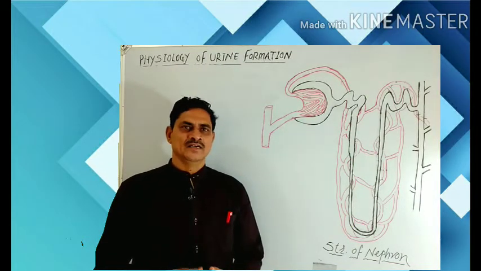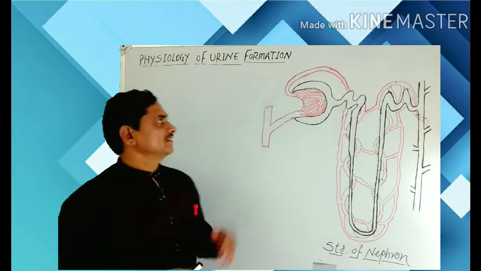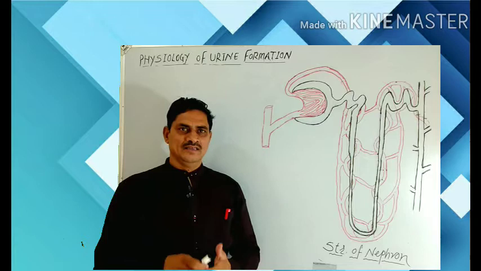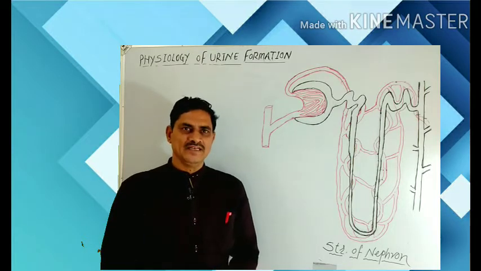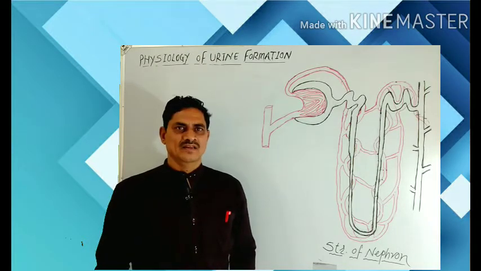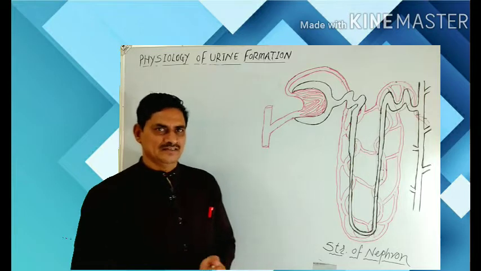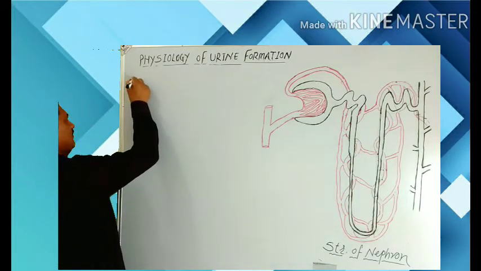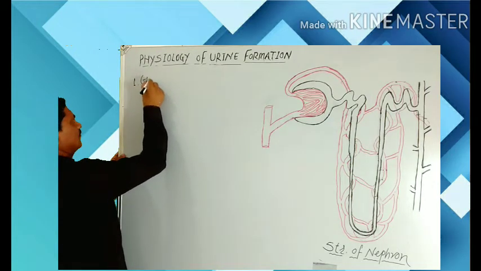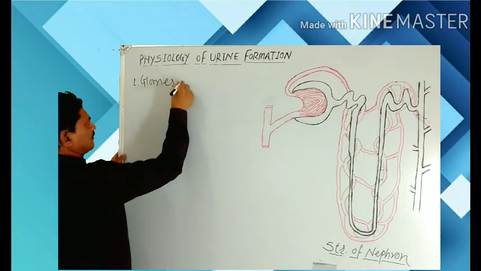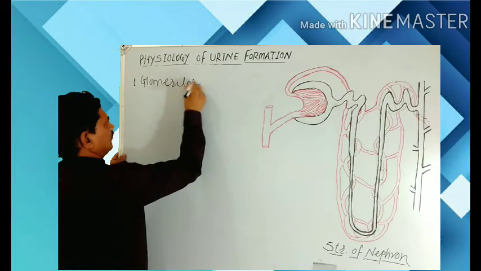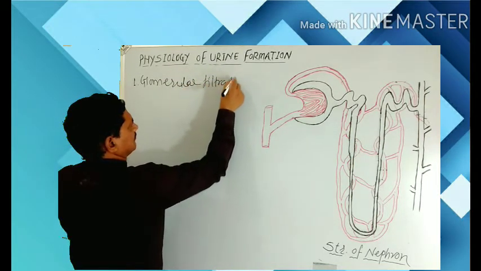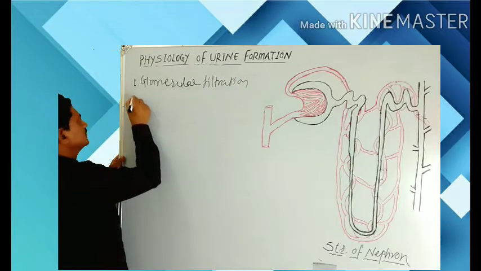Friends, today we are going to learn the physiology of urine formation. The urine formation in the mammalian kidney involves three types of activities or three steps. One is glomerular filtration or ultrafiltration.